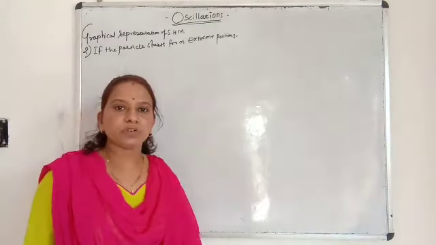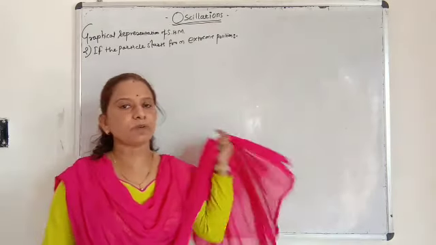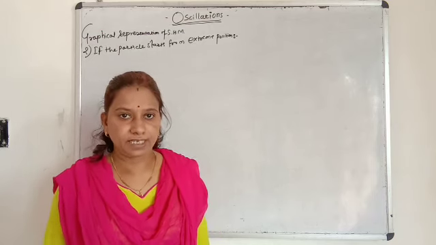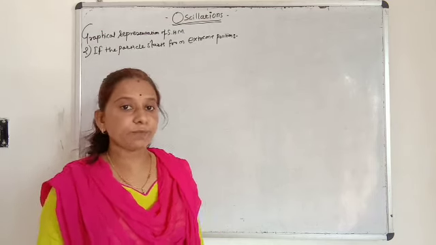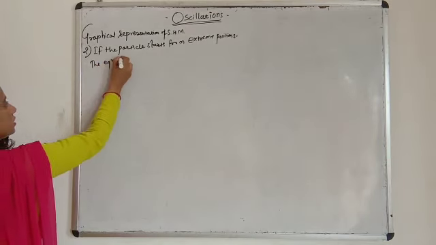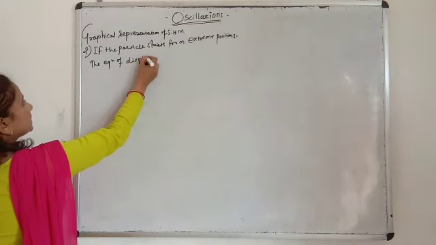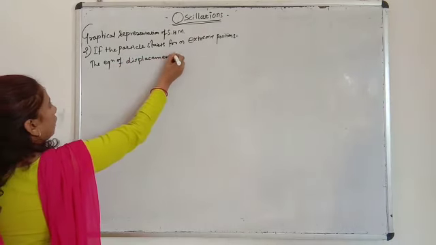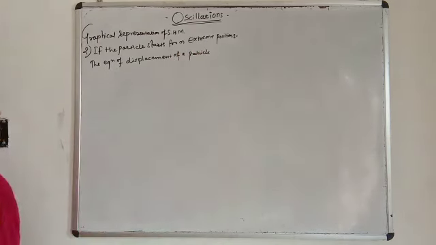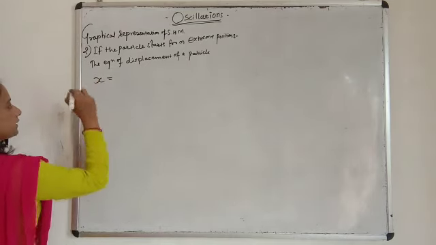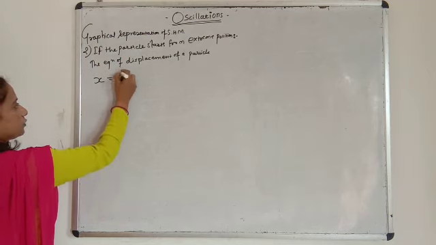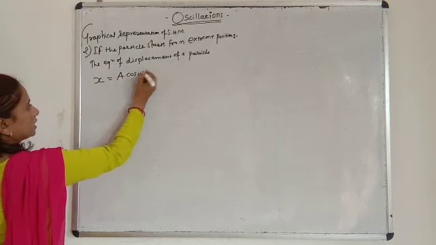so student, we know that if the particle starts from extreme position, then the equation of displacement of a particle in extreme position is x equals a cos omega t, where capital A is the amplitude.